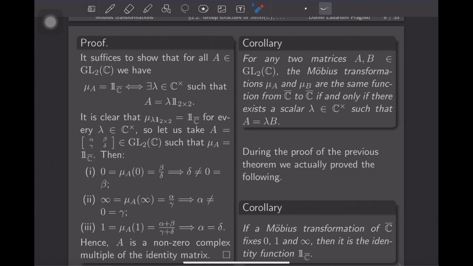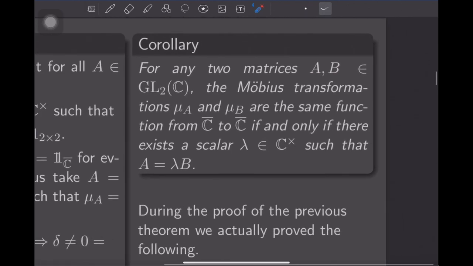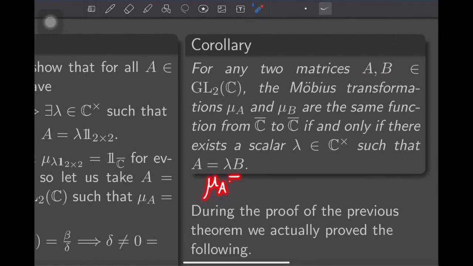So when I translate that fact from group theory to my specific groups, what I obtain is that two matrices give me the same Möbius transformation if and only if mu of A is equal to mu of B, but this happens if and only if mu of A times mu of B inverse is the identity, and this happens if and only if mu of A B inverse is the identity, because taking the Möbius transformation is a group homomorphism, and this happens if and only if this is in the kernel.